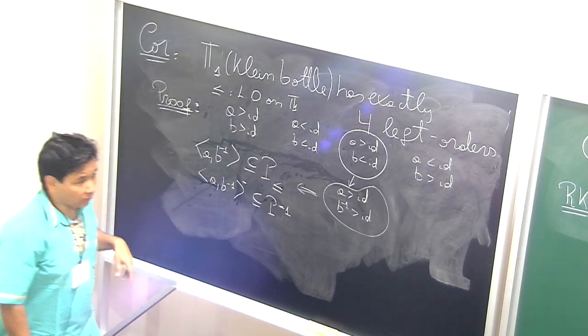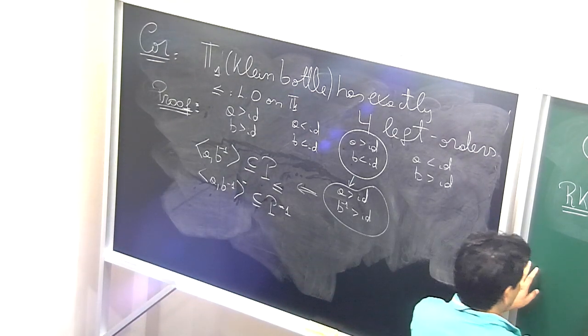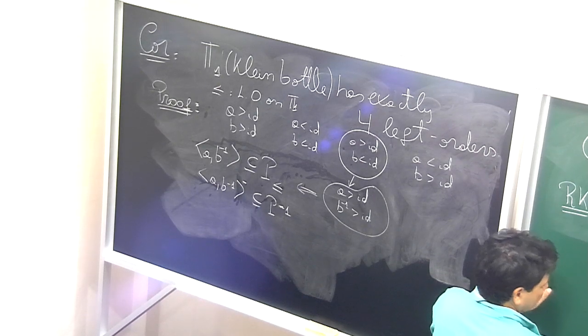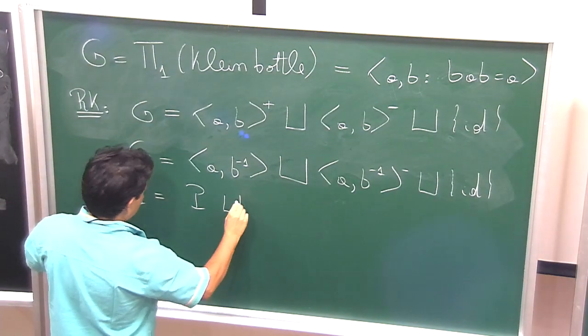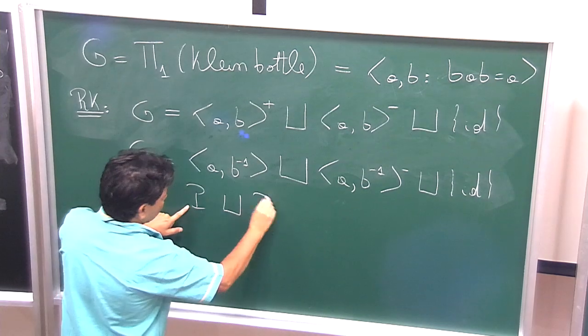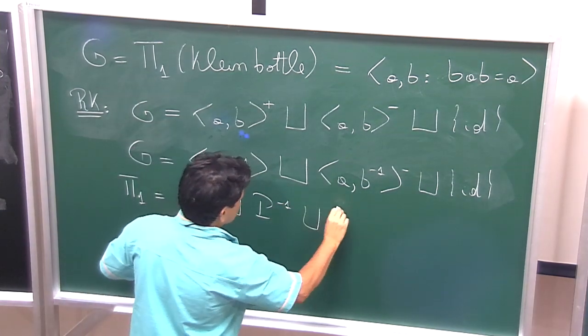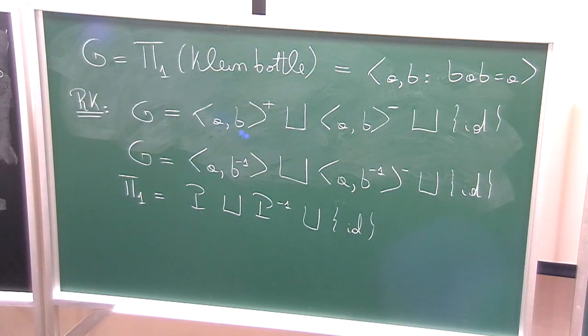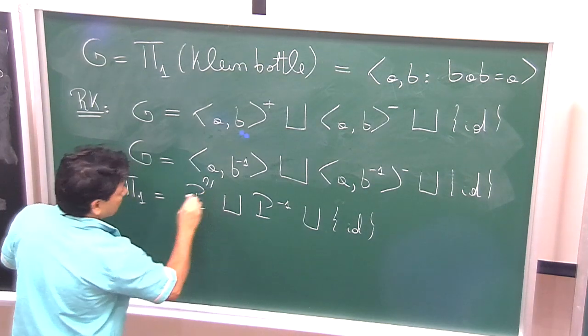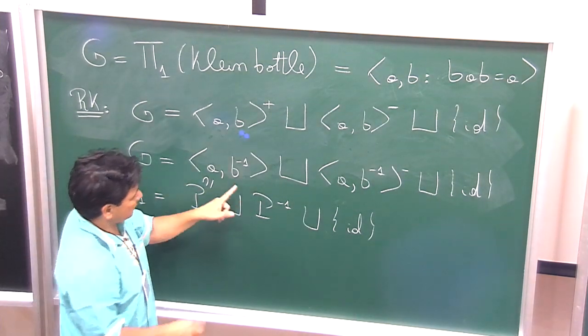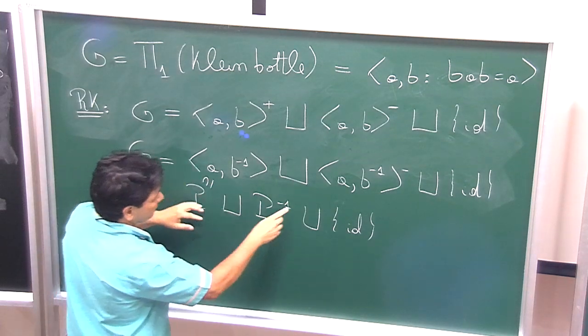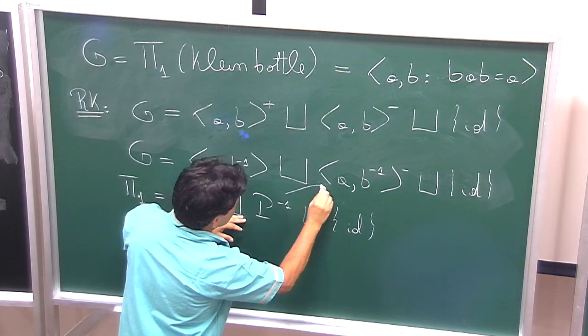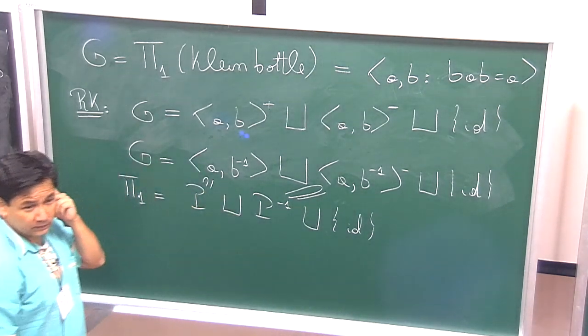So we knew that the pi 1 had this decomposition: the pi 1 is equal to P union P inverse union the identity. But P, in this case, contains this. And if P contains this, then P inverse contains this.